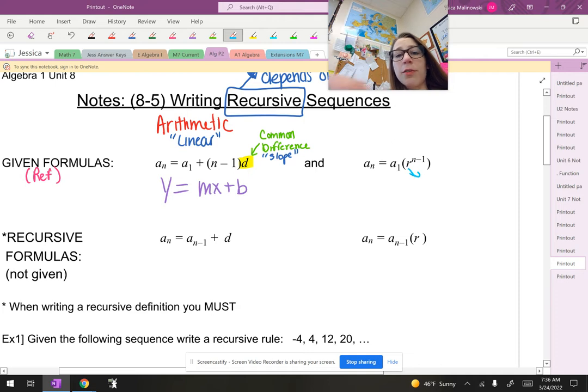That r is talking about your common ratio, aka your multiplying factor.